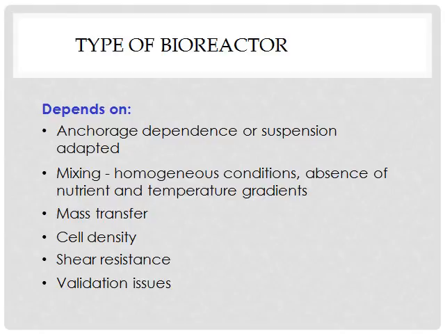There's the mass transfer, cell density. How dense can some of these cells go? Shear resistance. As we showed, bacteria are extremely resistant to shear force of the bioreactor, whereas mammalian cells are very sensitive. There are validation issues. Can these be used and reproduced in various conditions and then scaled? When brought up to scale, do they maintain these functions?